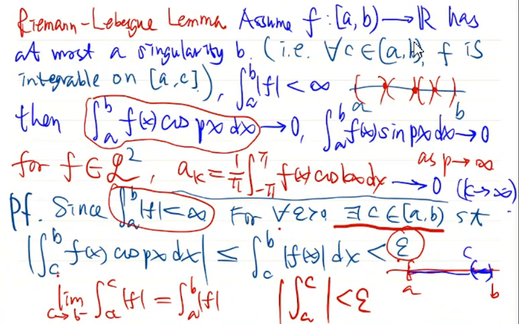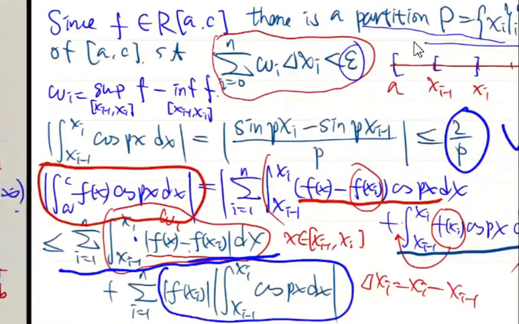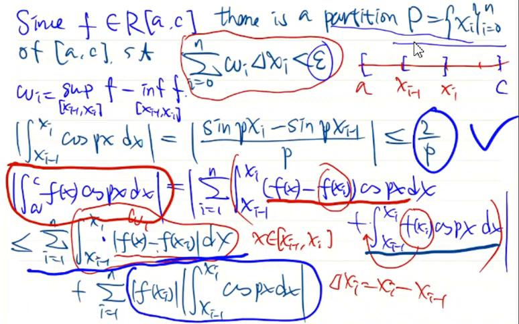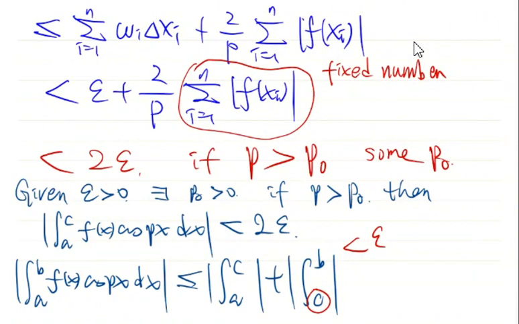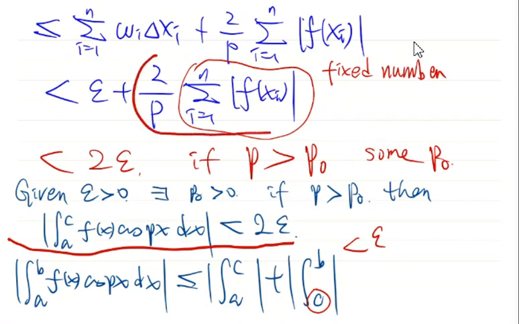Okay, so fixing this c, we also take a partition P so that the oscillation area is less than epsilon. Therefore, the integral from a to c is less than 2 epsilon once p is large enough, so that the second term here is small and altogether can be controlled by 2 epsilon.